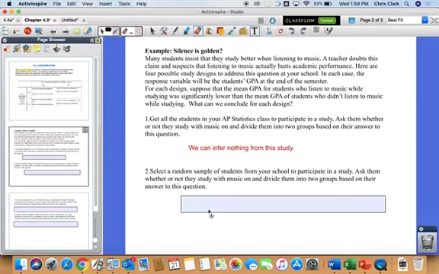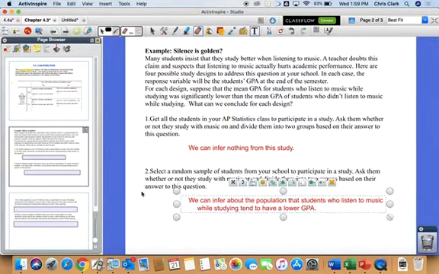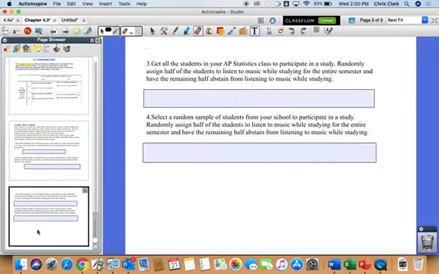No. So we can infer only about the population that students who listen to music while studying tend to have a lower GPA. We cannot say that listening to music causes a lower GPA. We can just say that in our population, students tend to have a lower GPA when they listen to music. Okay, we can infer about the entire population. Okay. Still good?